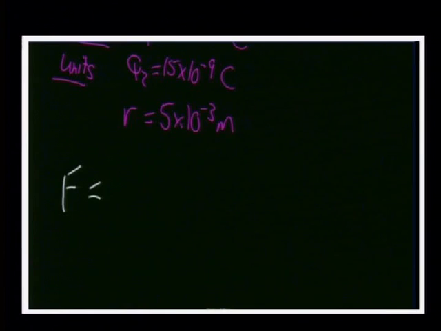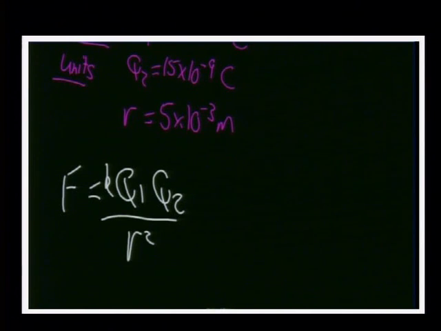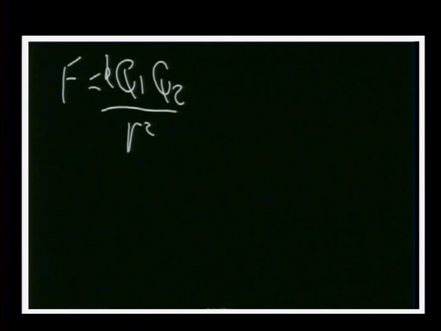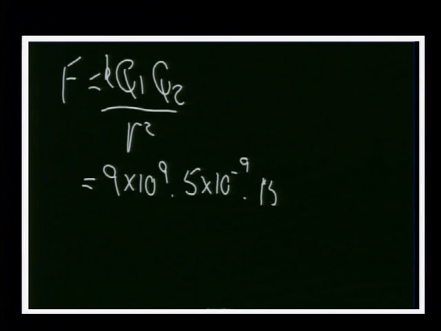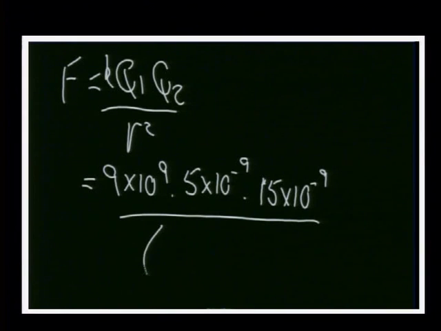So write it out, K Q1 Q2 over R squared, and we're going to substitute in 9 times 10 to the 9 times 5 times 10 to the minus 9, and this next one was 15 times 10 to the minus 9, all divided by, and here is where lots of people make a mistake.